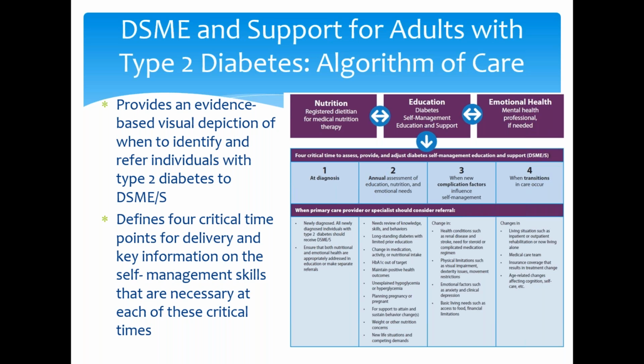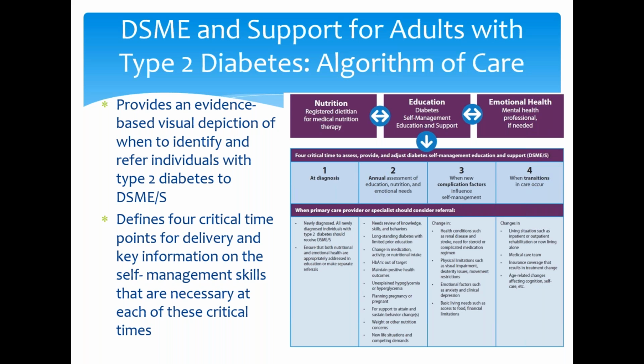So there are 4 critical times to assess, provide, and adjust DSME. And the first thing you want to consider is, is there nutrition that's needed, maybe? Or is it education, or is it emotional health? And it may be all 3.